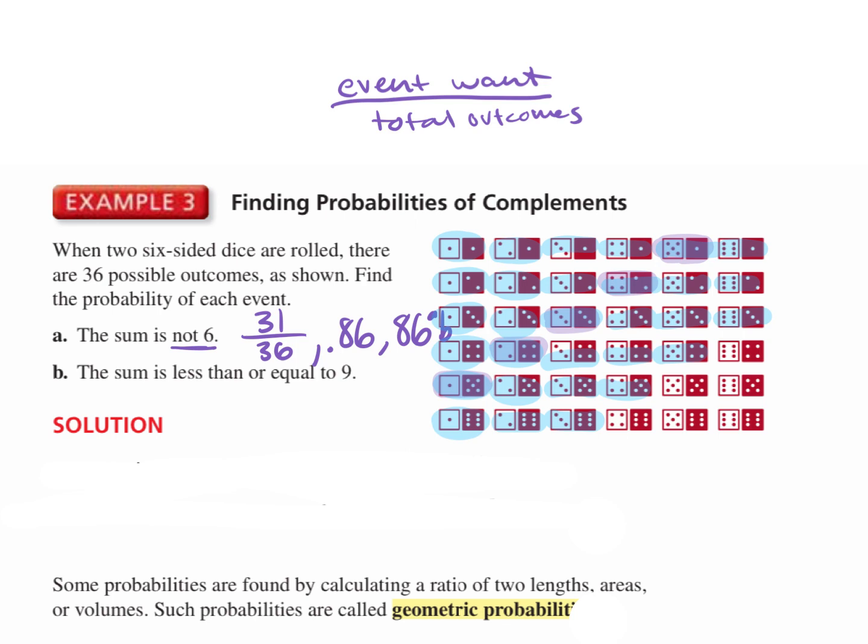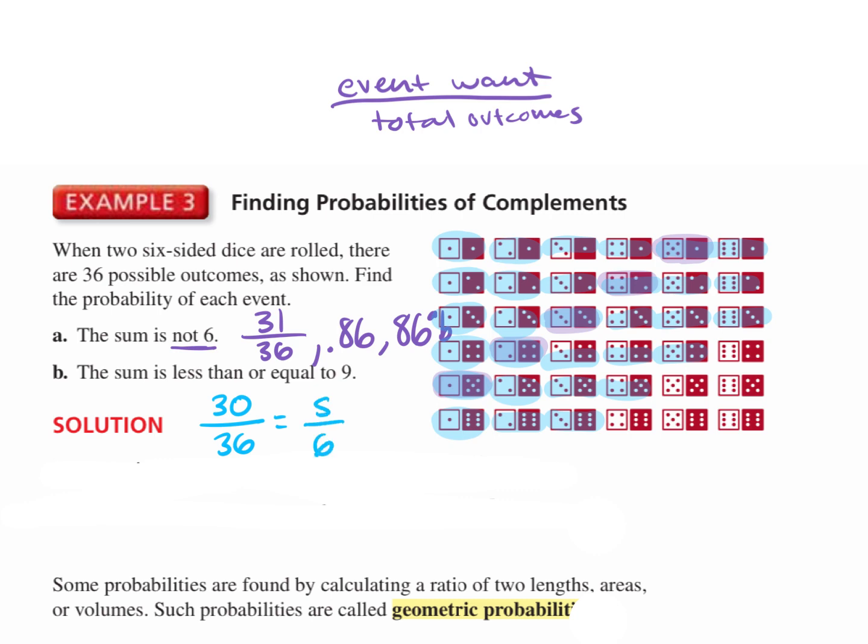So how many do I have that are less than or equal to 9? 30. Out of, what's our total? 36. Can I simplify this fraction? You can simplify more. 5/6.